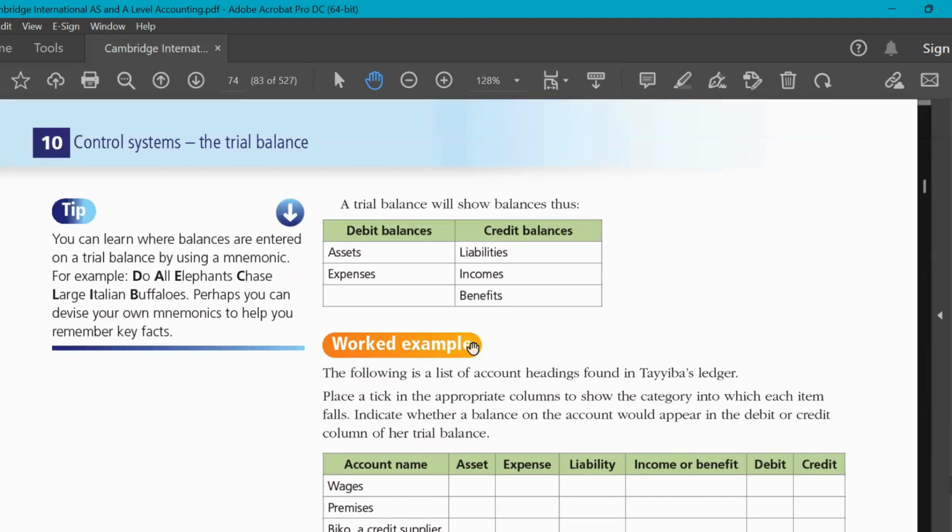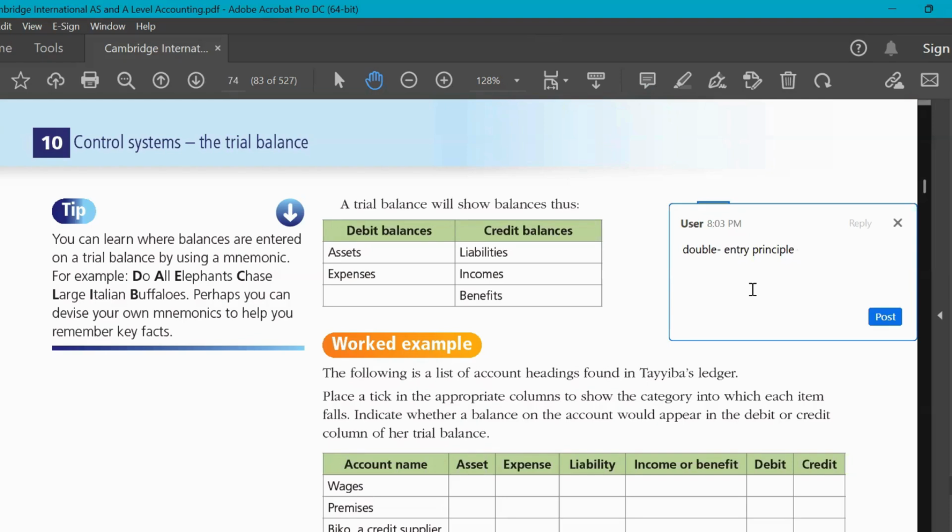Now, always remember every transaction follows a double entry principle. So one account is debited. Let me take note of this one. Always remember this. Every time that you do the trial balance, you have the concept of the double entry principle.